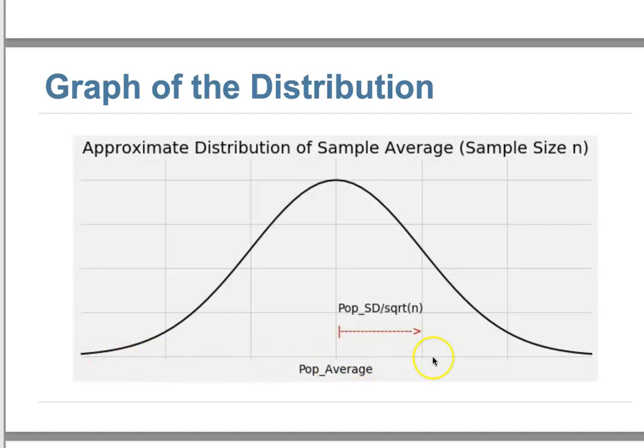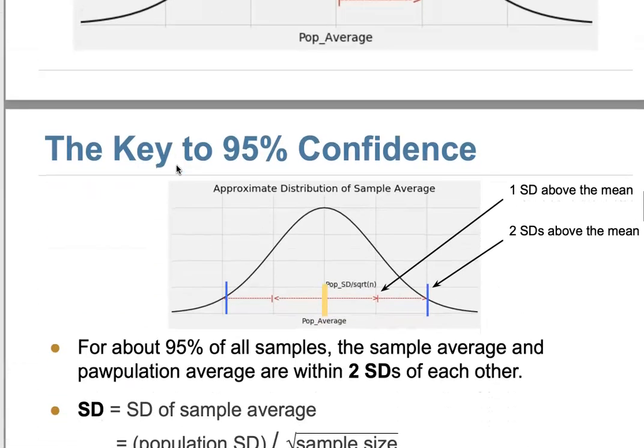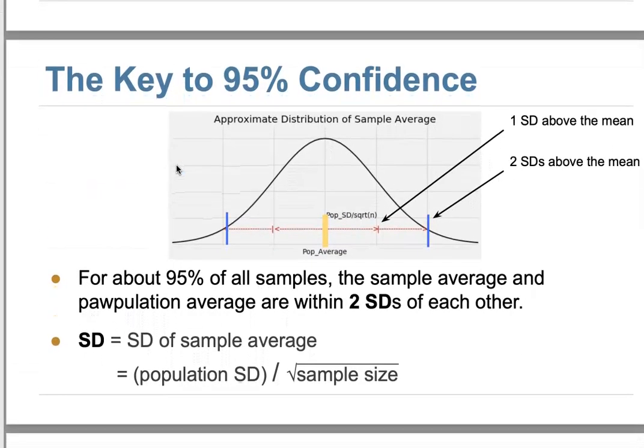Most of the data will be within plus or minus 3 standard deviations from the average. Using 2 times the standard deviation, from the center of the normal distribution, plus 2 standard deviations and minus 2 standard deviations, this area will cover at least 95% of the data. So that's how we construct our 95% confidence interval.